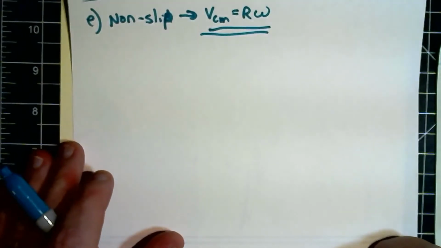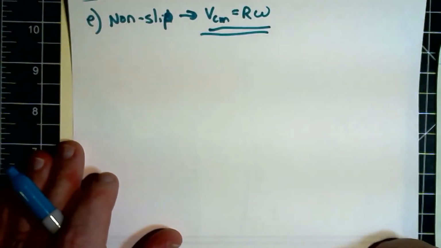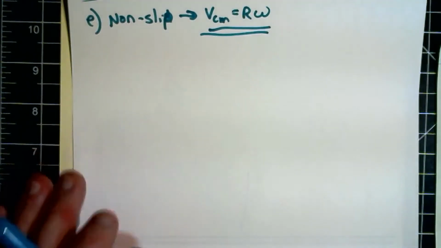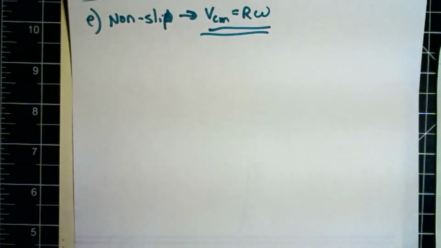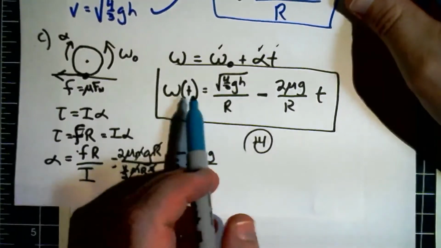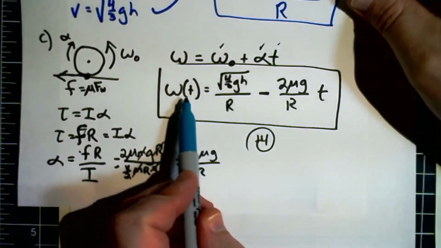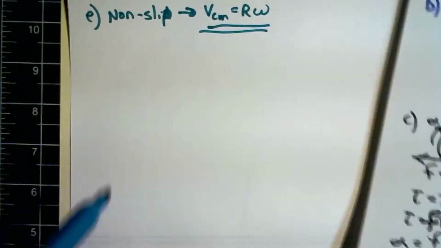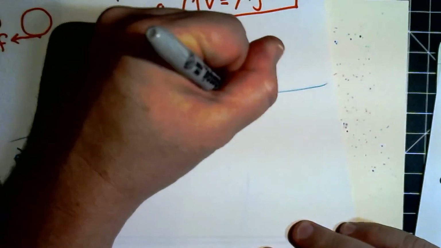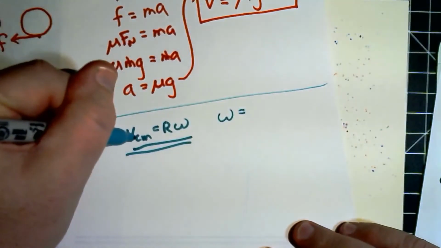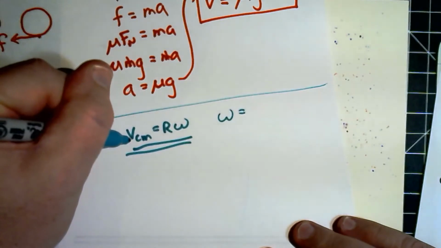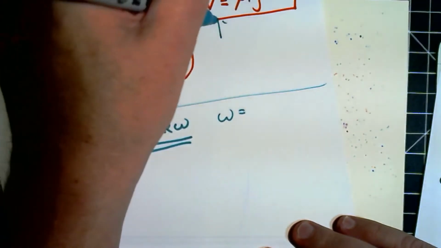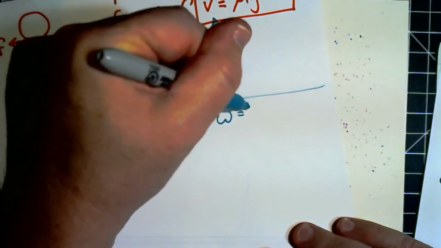So what I need to do is use my equation from part C right here and find out what time it occurs at that omega is equal to my velocity of my center of mass, in other words, my linear velocity, which is right here, divided by the radius.